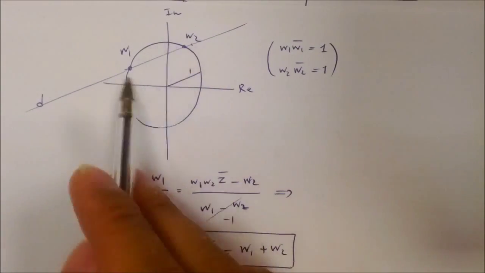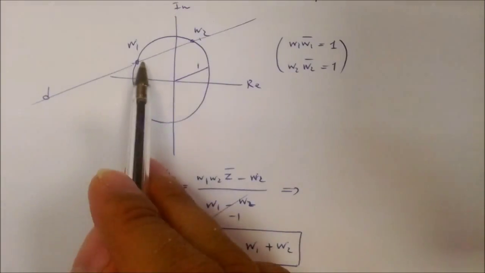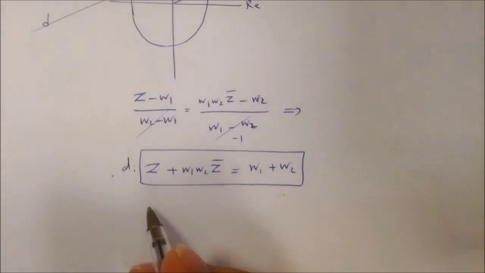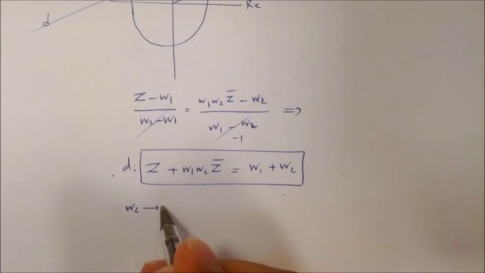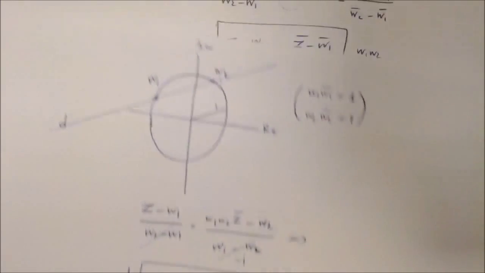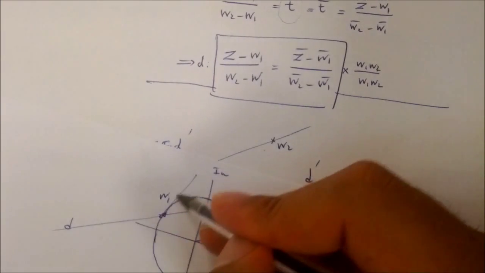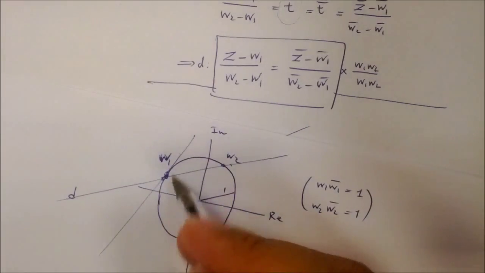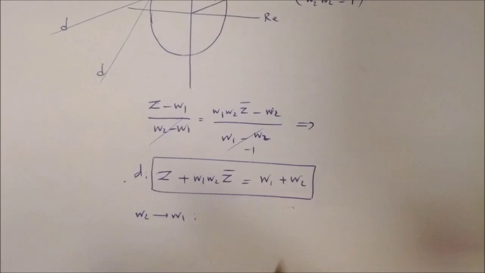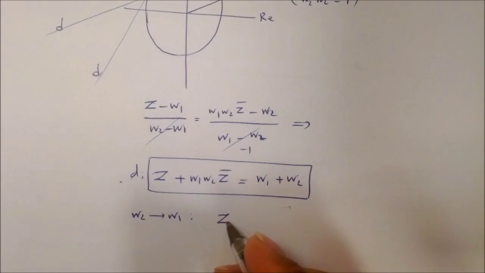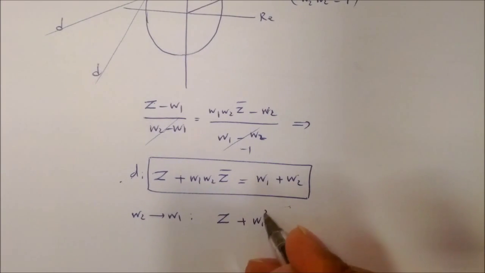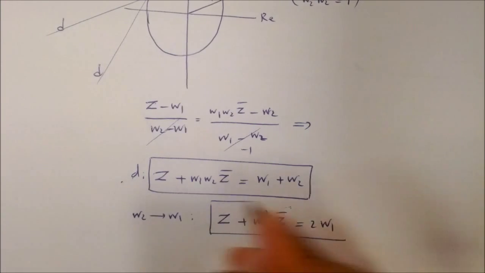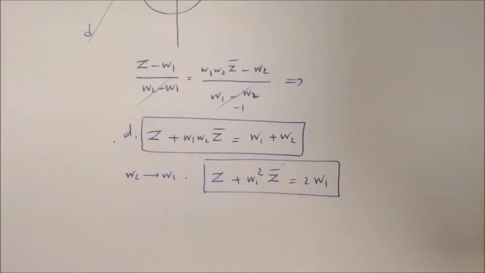And in fact, W1 and W2 in the case of this equation belong to the unit circle. And finally, if I approach W2 to W1 to have the equation of the tangent line to this unit circle at this point, I'll have another equation: Z plus W1 squared Z bar is equal to 2 times W1.